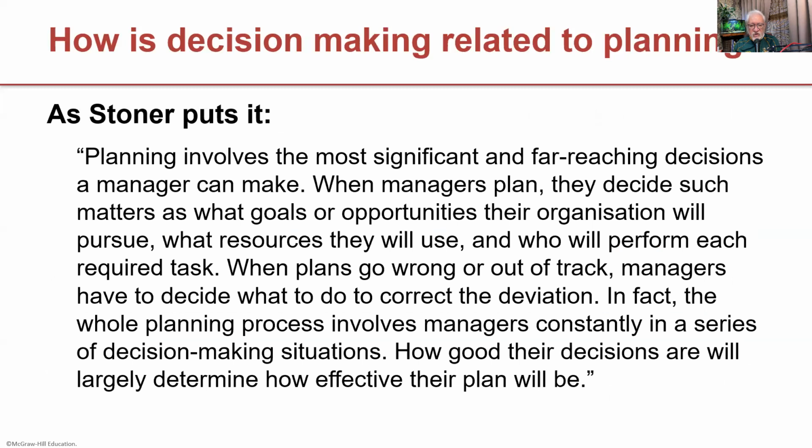When plans go wrong or they go out of kilter, out of track, managers have to decide what to do to correct that deviation, that difference. In fact, the whole planning process involves managers constantly in a series of decision-making situations. How good their decisions are will largely determine how effective their plan will be. Okay?